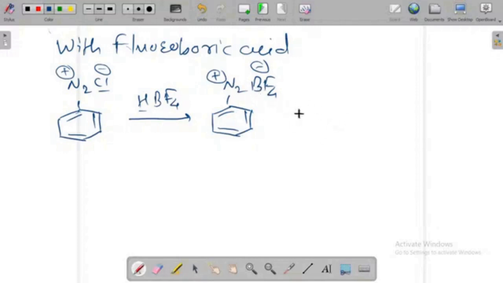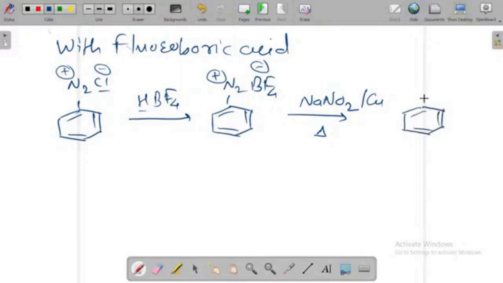This gives, in presence of sodium nitrite and copper, on heating, nitrobenzene with the NO2 group, plus the compound NaBF4.